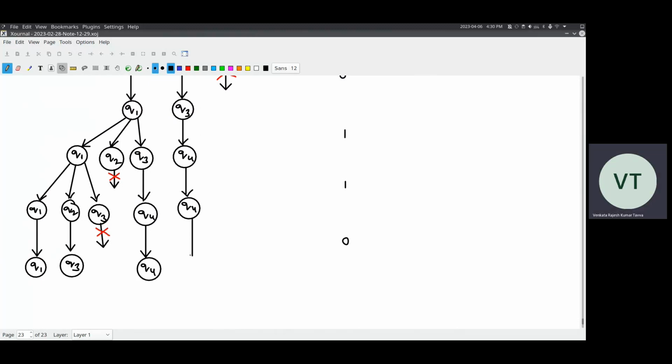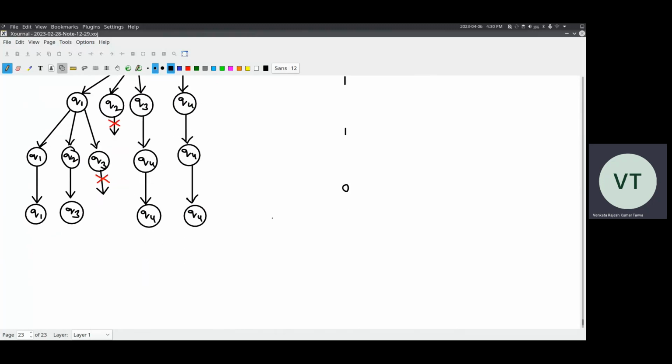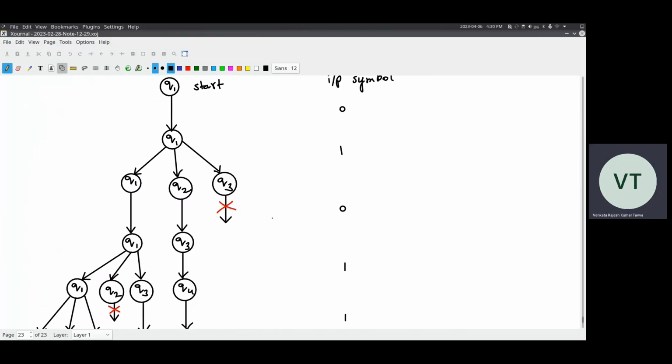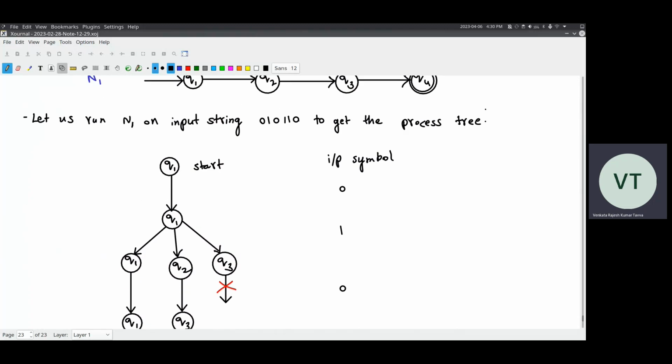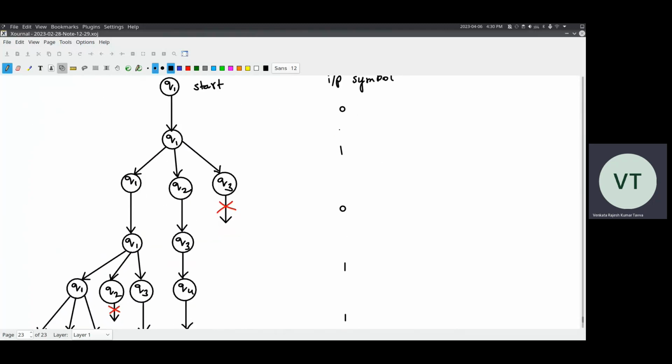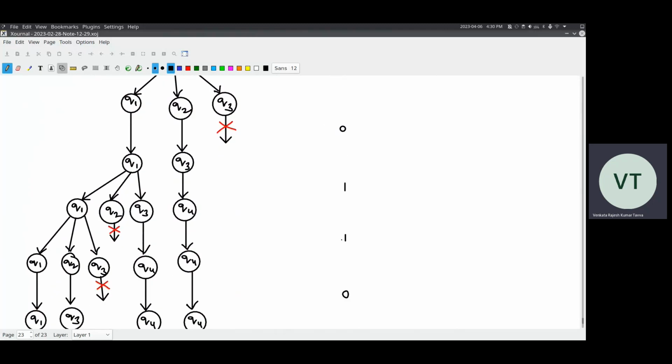Again, this Q4 on 0 goes to Q4. All right. Now, all you need to see is we are done reading the string 0, 1, 0, 1, 1, 0. We read all the symbols.